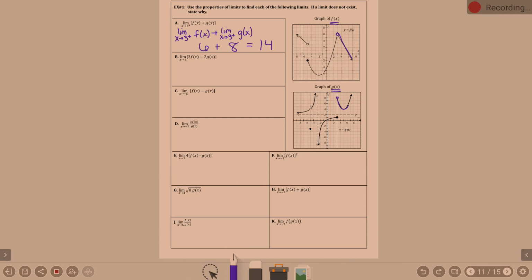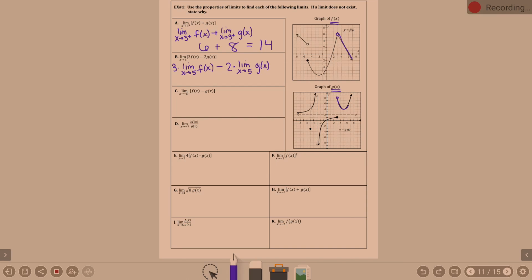So when I rewrite this, I'm going to say 3 times the limit as x approaches 5 of f of x minus, we can do the same thing over here, 2 times the limit as x approaches 5 of g of x. Okay, with the property there.